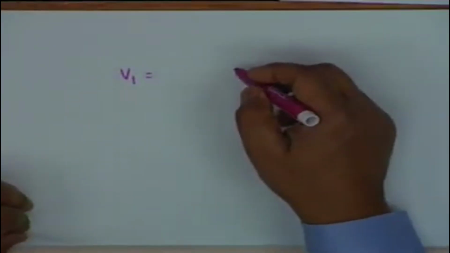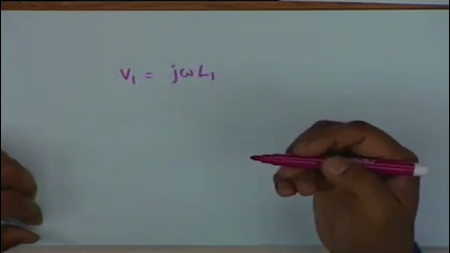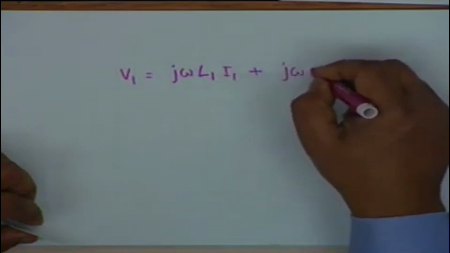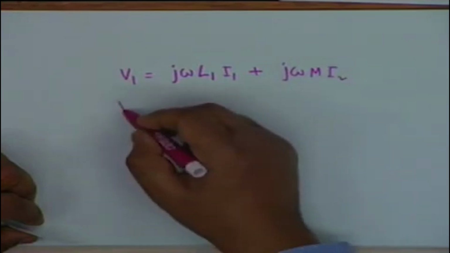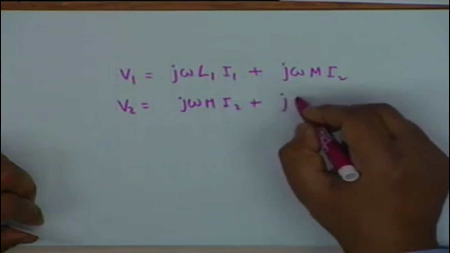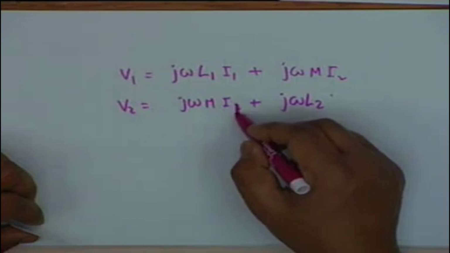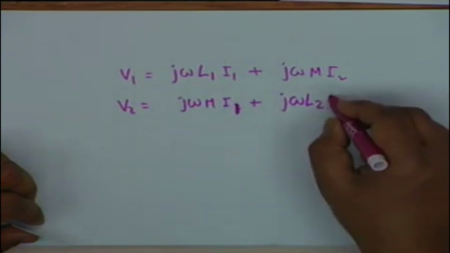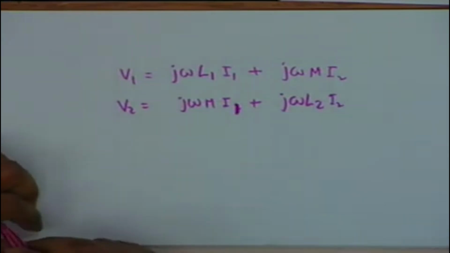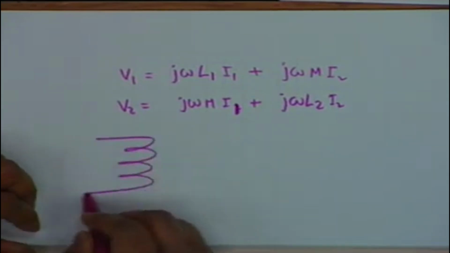We would simply write V1 equal to j omega L1, this is the impedance of the self inductance, multiplied by I1, plus j omega M I2, and V2 would be written as j omega M I1 plus j omega L2 I2.